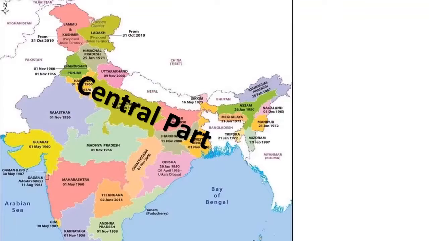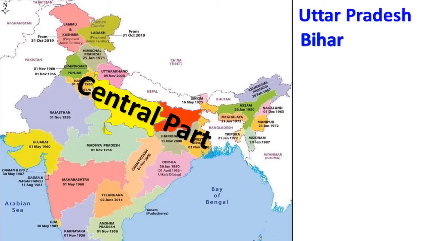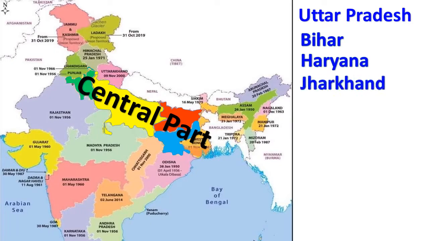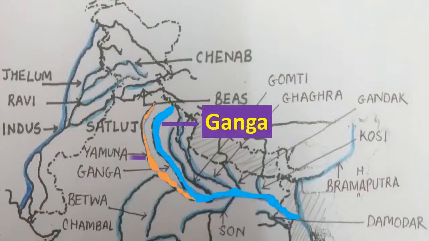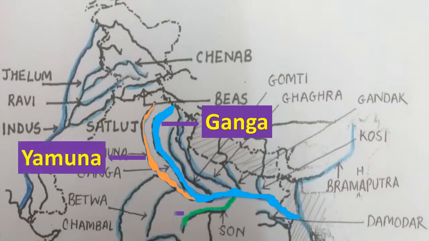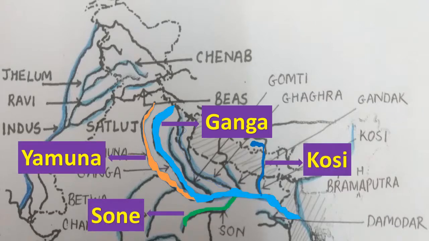It is mainly spread in the states of Uttar Pradesh, Bihar and partly in Haryana, Jharkhand and West Bengal. In this central part, the river Ganga, Yamuna and their tributaries Son, Kosi, etc. drain.